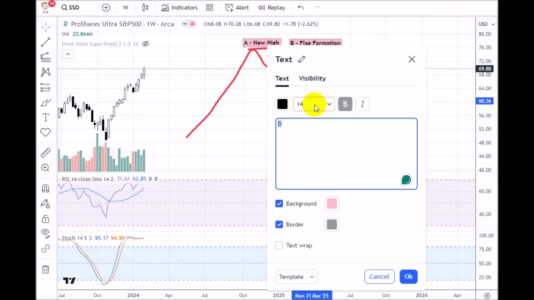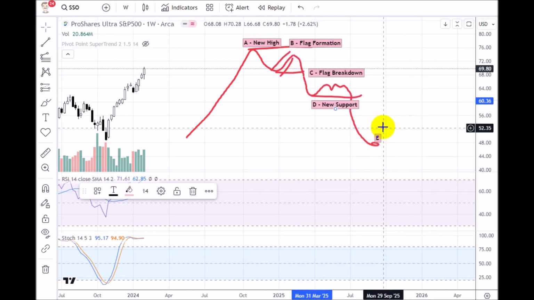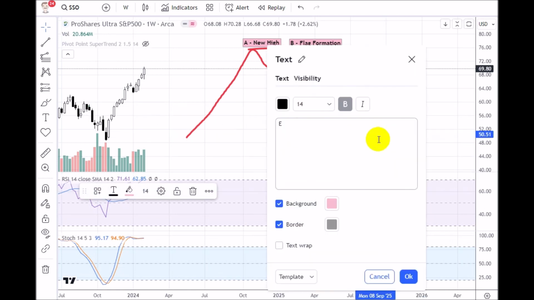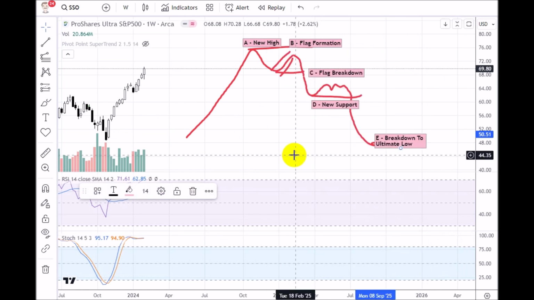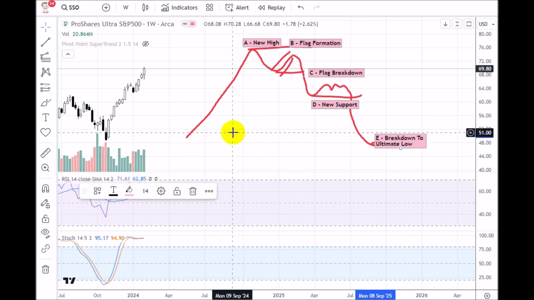This is new support. And then this is finally the breakdown to ultimate low. So this is basically the formation, and it works in an inverse.